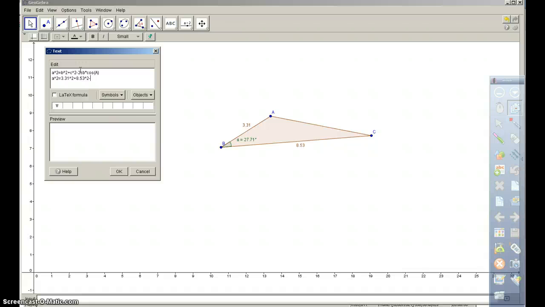And I know that minus 2 times 3.31 times 8.53 times the cosine of 27.71. Okay? Now, I'm going to set that into my calculator. I'm going to pause this so you can see it.